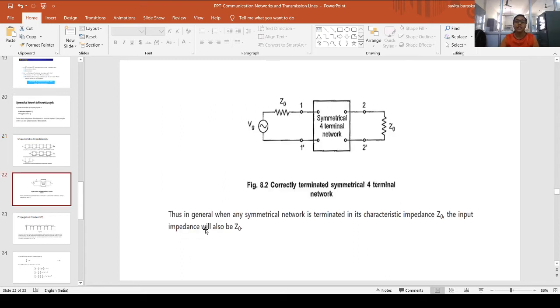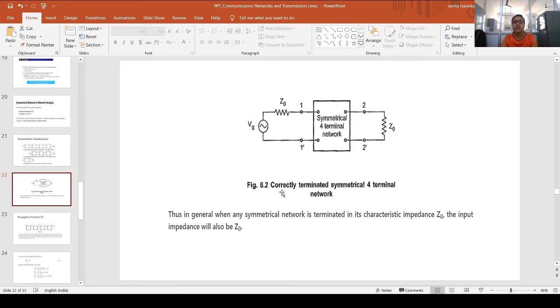Now, the symmetrical four terminal network is represented here, with a voltage source or generator, connected through the characteristic impedance in series at the input end, and again this characteristic impedance is terminated at the output end.